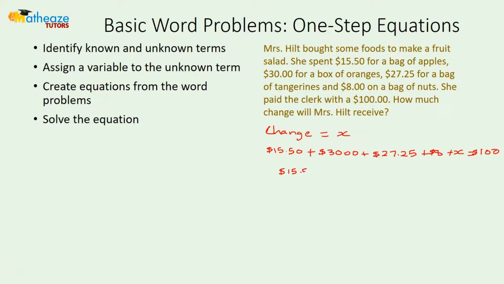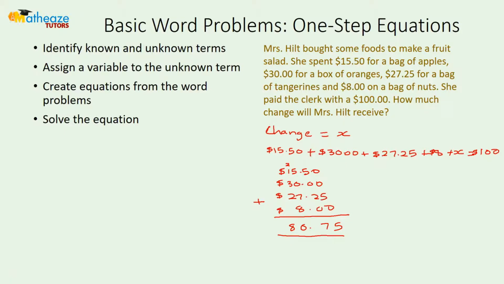So that's $15.50, $30, $27.25, and then $8. We're going to add all of them, and we should get 0.75. 5 plus 7, 12 plus 8, 20. We got 2 right here. So we have 3 plus 3, 6 plus 2, 8.